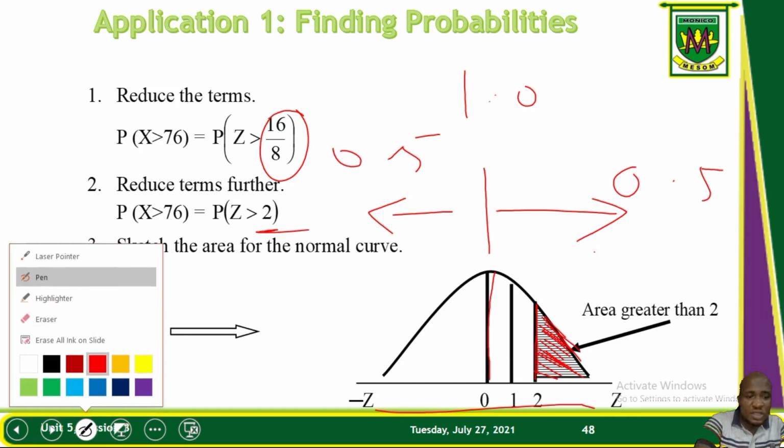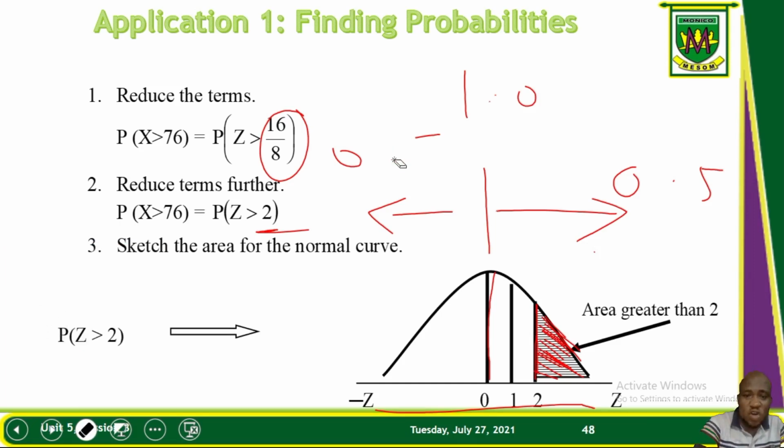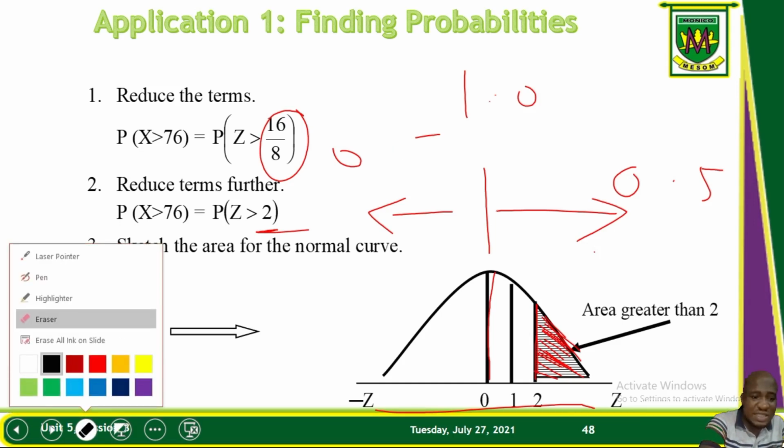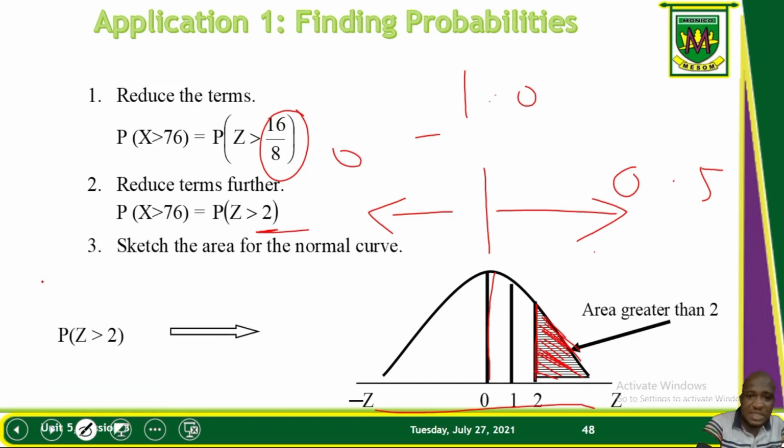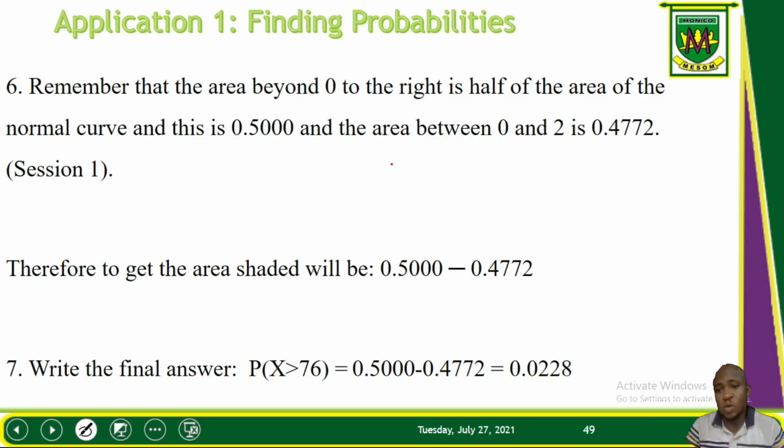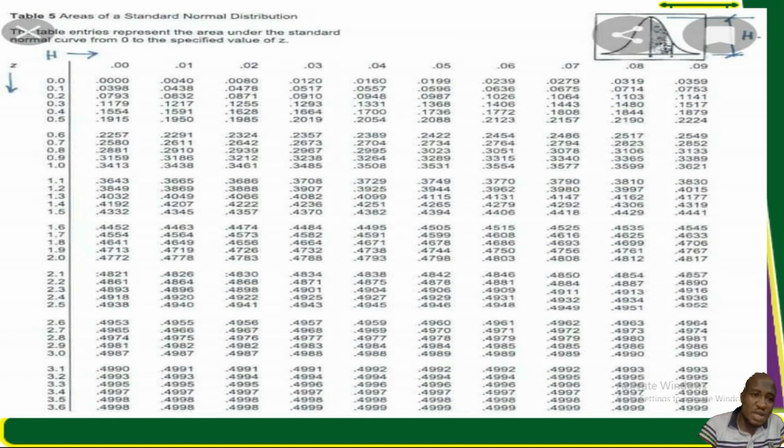So if I need a score which is greater than 76, then after converting the 76 to z-score, which is 2, I have to first search for 2 on the standardized normal distribution table. When you come to the standardized normal distribution table, we have 2 here.